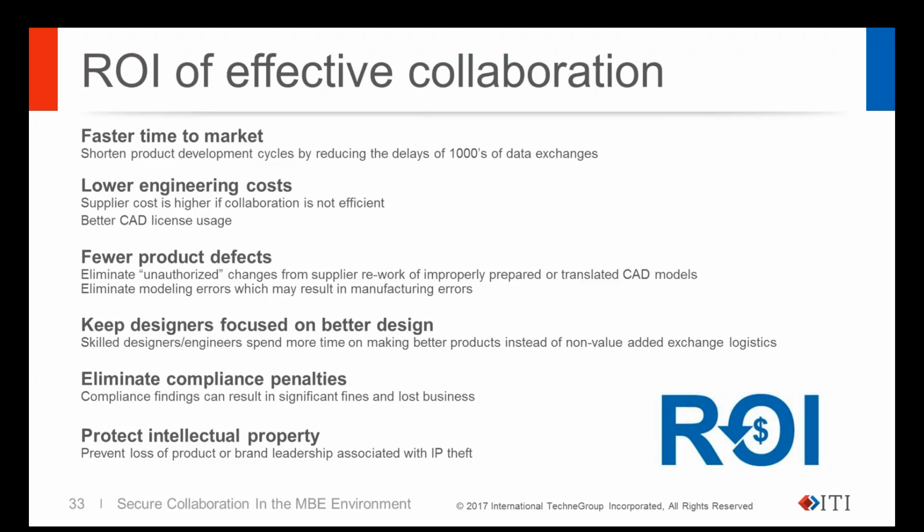That doesn't seem like a lot, but when you start multiplying that by literally thousands of data exchanges or tens of thousands, then that becomes a lot of time. It's going to delay getting your products to market faster. It's also going to take time away from your designers and engineers making better products. So it's not the best use of their time.